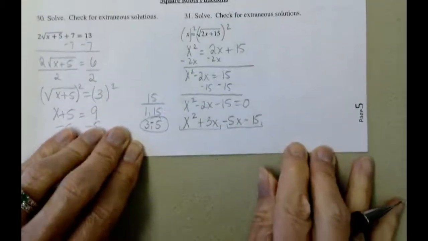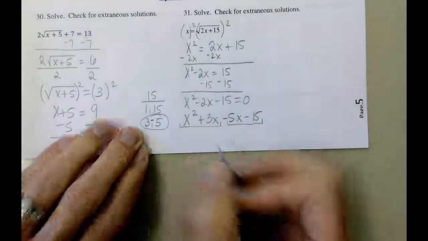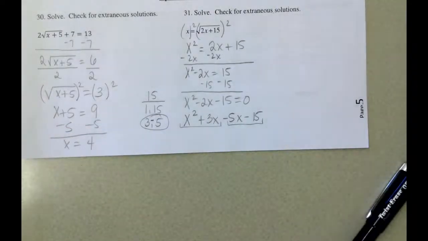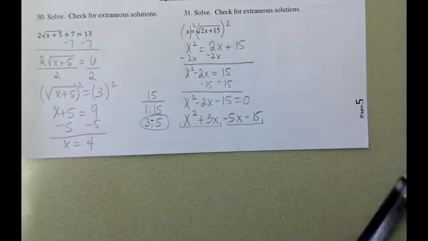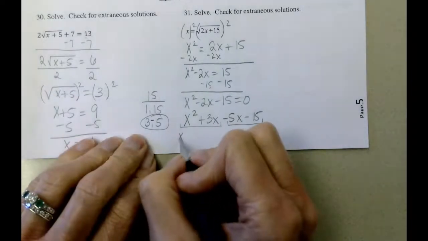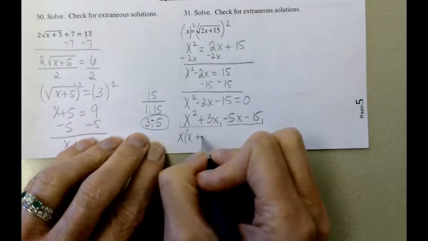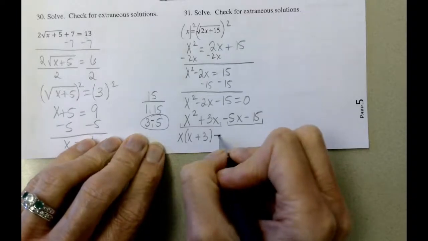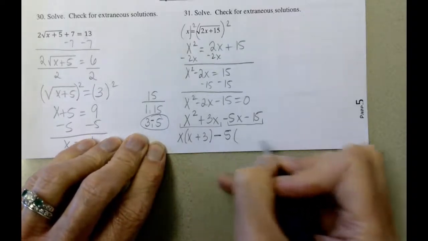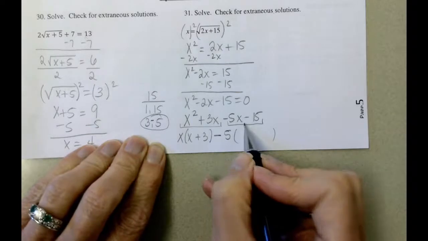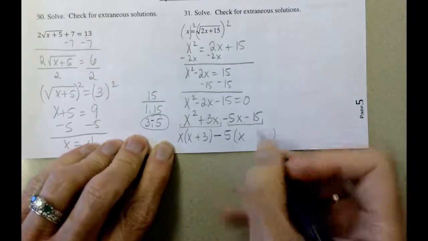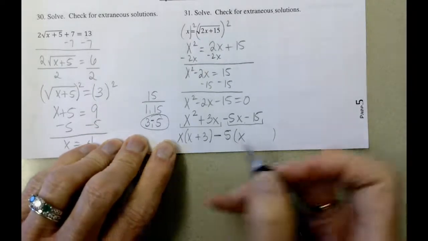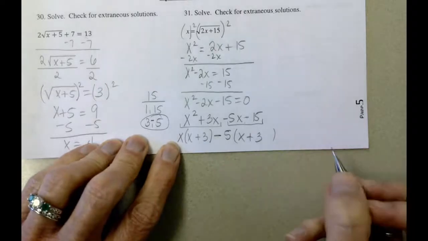And as we take a look at both of these here, our greatest common factor in the first group is x, and we get x plus 3. Greatest common factor in the second group is the 5. And remember, negative 5x divided by negative 5 is x. Negative 15 divided by negative 5 is positive 3.